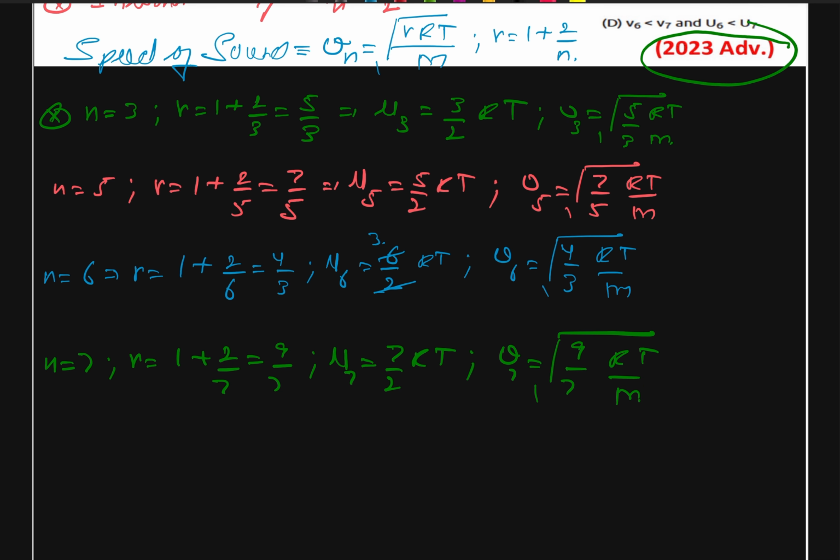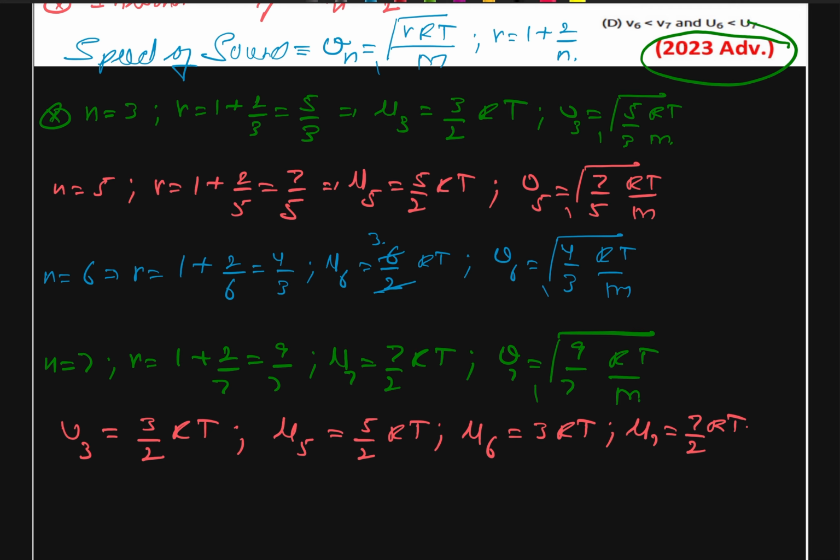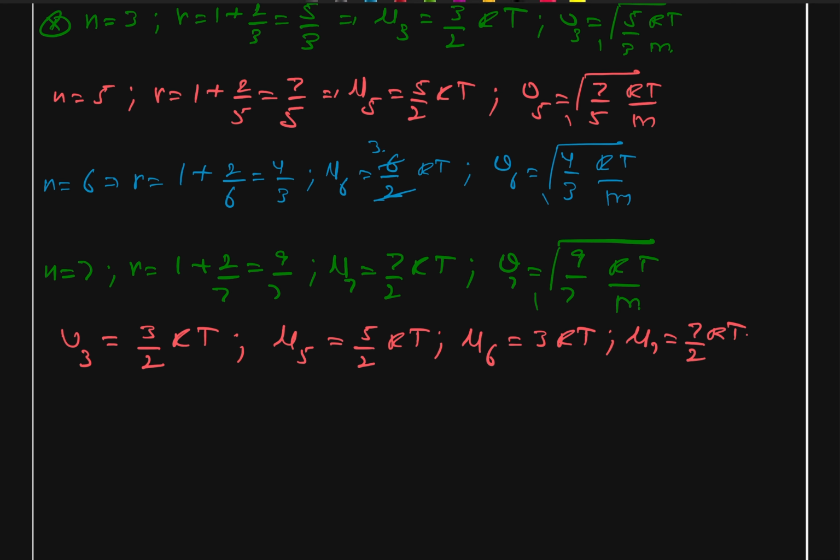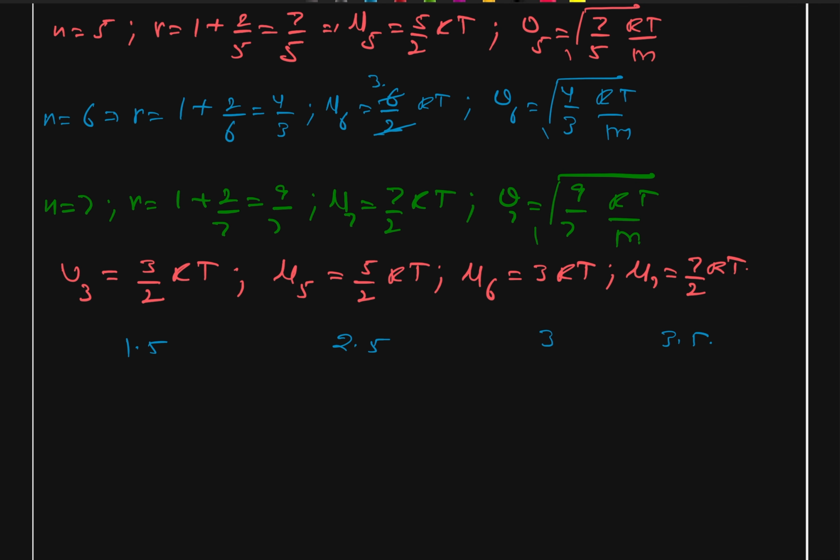So we have U of 3 is equal to 3 by 2 RT, U of 5 is equal to 5 upon 2 RT, U of 6 is equal to 3 RT, and U of 7 is equal to 7 by 2 RT. So 3 by 2 is 1.5, this is 2.5, this is 3, and this is 3.5. So this is arranged automatically in increasing order.